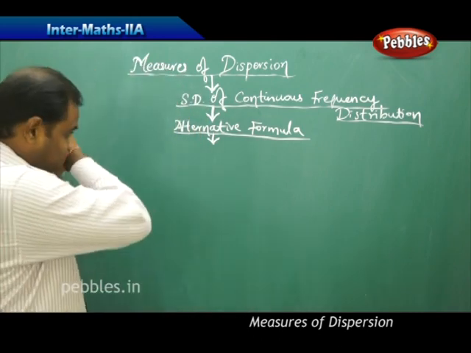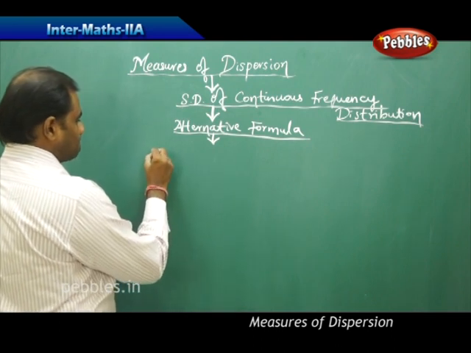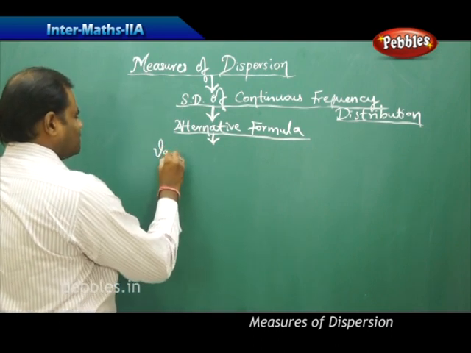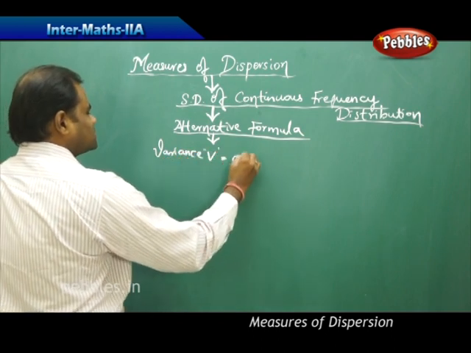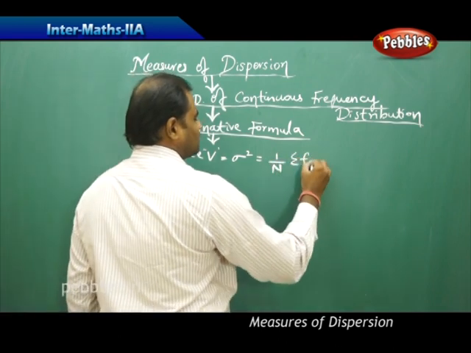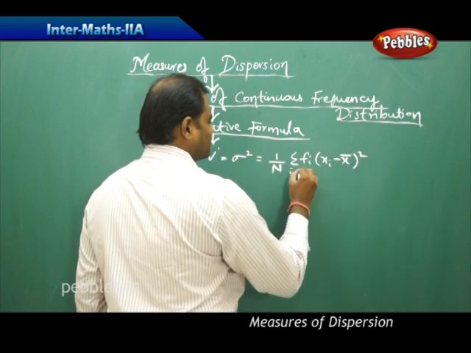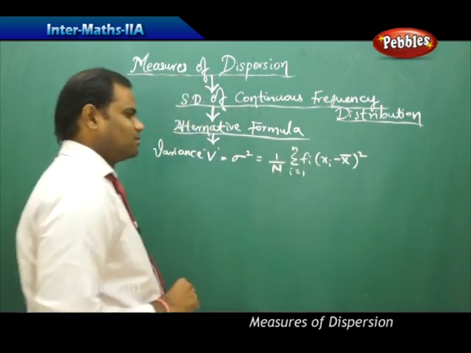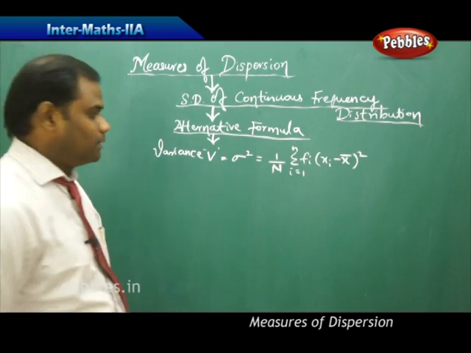So with the alternative formula, the variance V is given by sigma square, which is 1 by n sigma fi xi minus x bar whole square, i running from 1 to n. Let's see how we can derive an alternative formula.